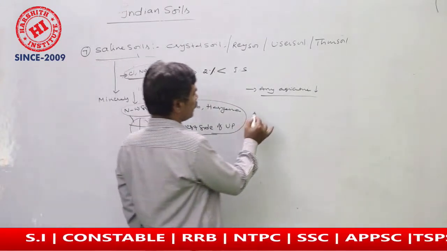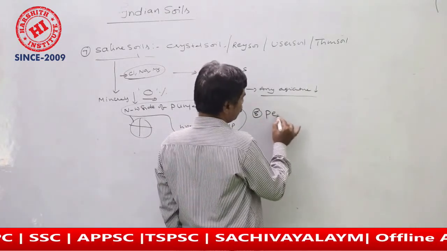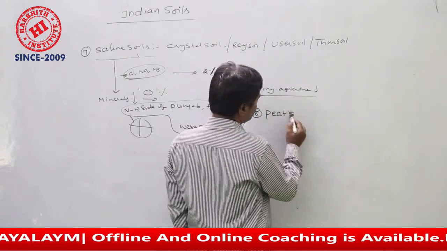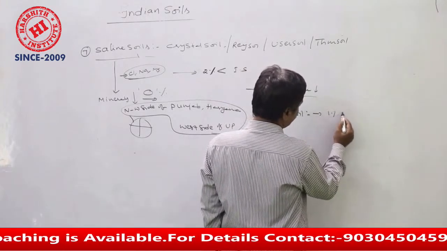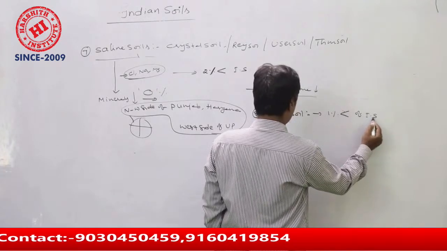Next, after the seventh, the eighth one is peat soils. These soils occupy less than 1% of the total Indian soils.